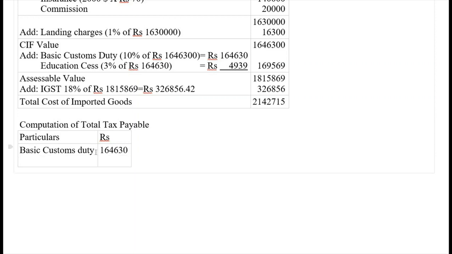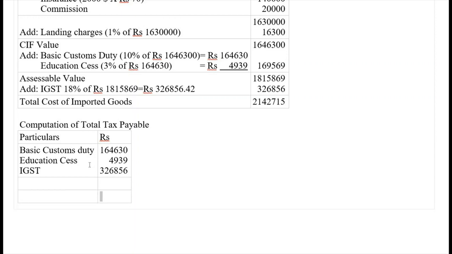Then education cess, which we have computed here as 4,939. Then IGST, which we have calculated here as rupees 3,26,856.